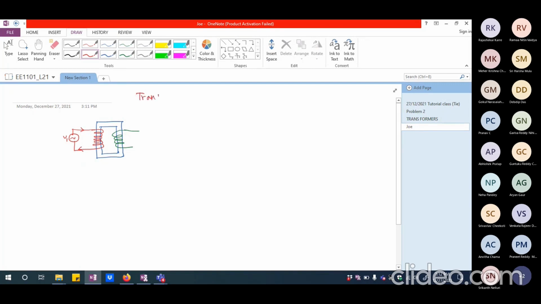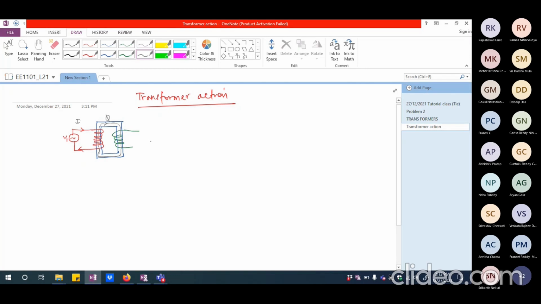So if I try to look at the transformer action, I normally have only ferromagnetic material as the core, so that the current that is being drawn here is going to be really minimal. With very small current drawn, I'm going to have a flux established. I'm showing only one line, but there will be many lines sitting here. So this is going to be the flux that is established.